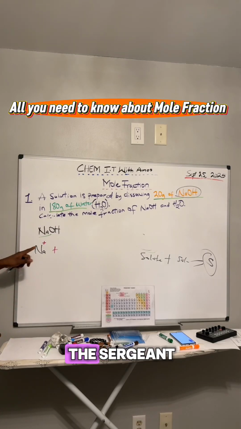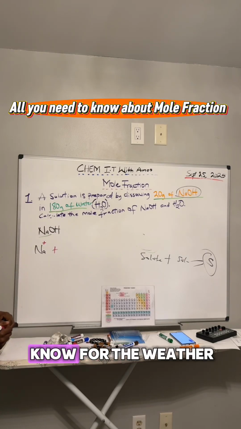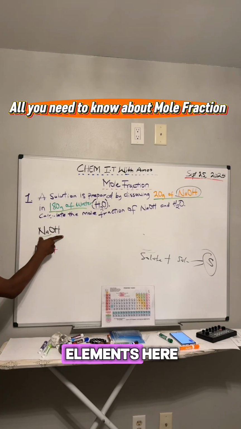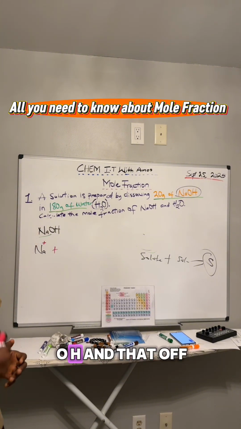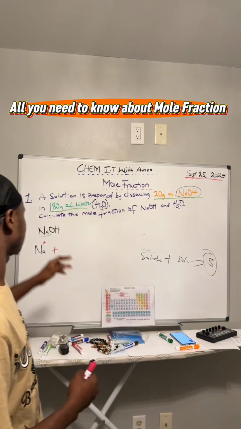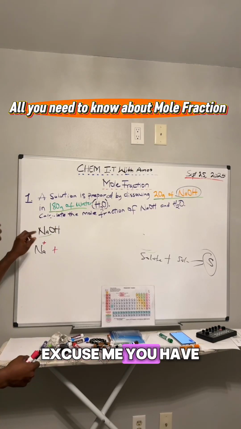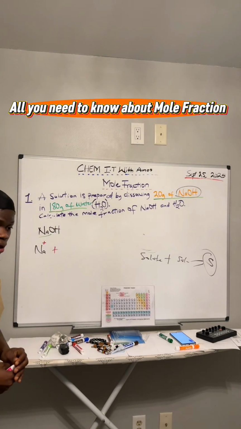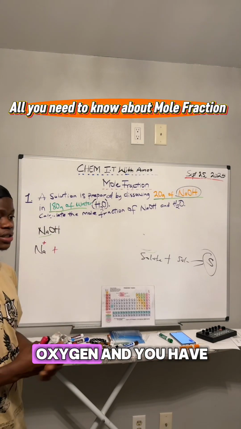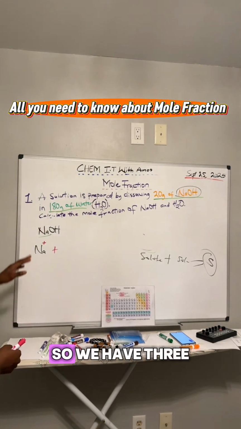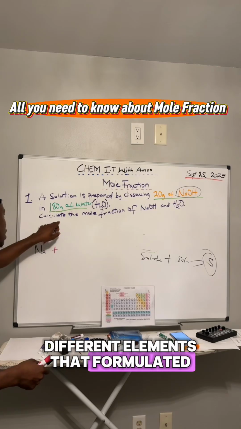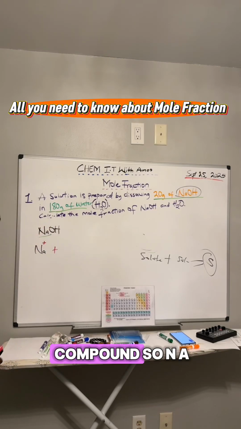So if you add sodium plus OH, you know fully well that we have 3 different elements here. We have NaOH, with Na as sodium, O as oxygen, and H as hydrogen. So we have 3 different elements that form this particular compound.